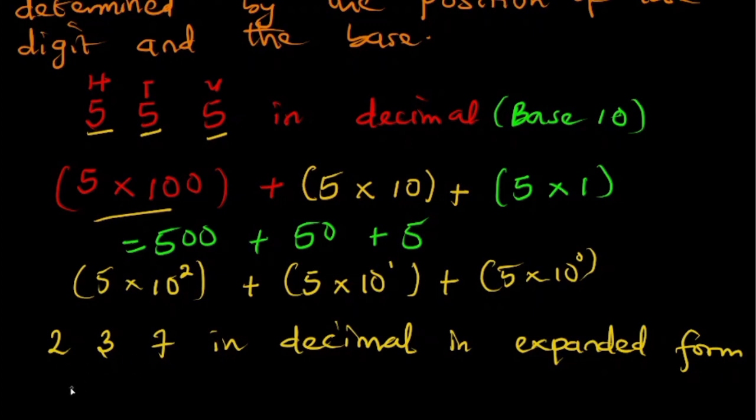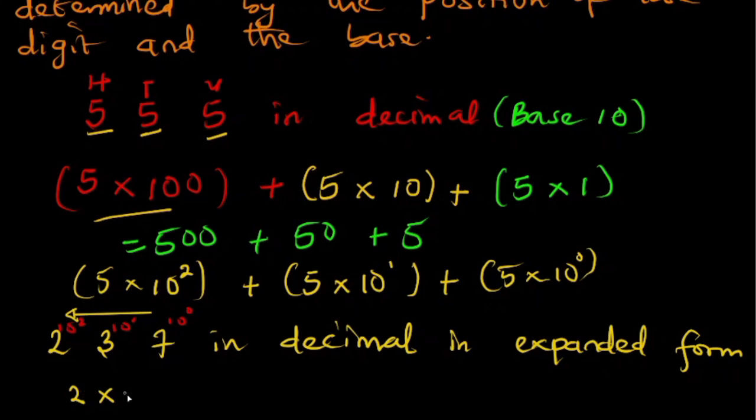In expanded form, remember, the powers increase from right to left, so we have bigger numbers as we go in this direction. Basically this is going to be 10 raised to the power of 0. This is going to be 10 raised to the power of 1. This is going to be 10 raised to the power of 2. I hope we get that.